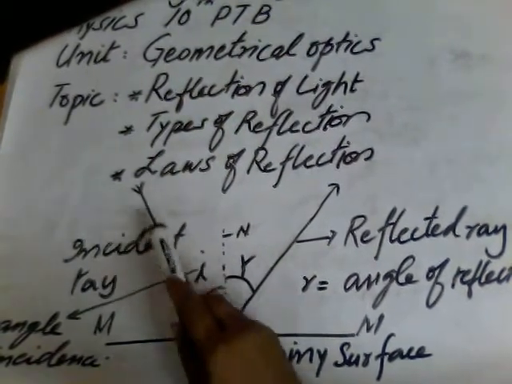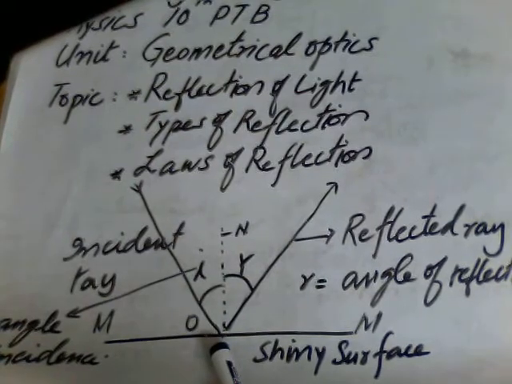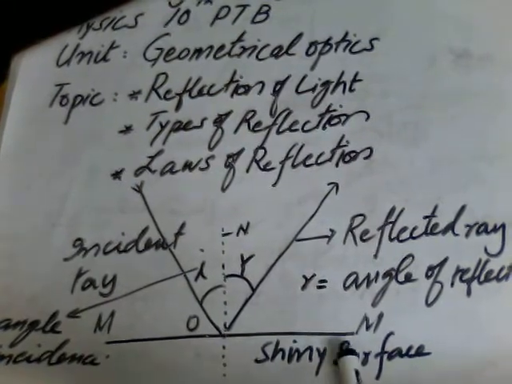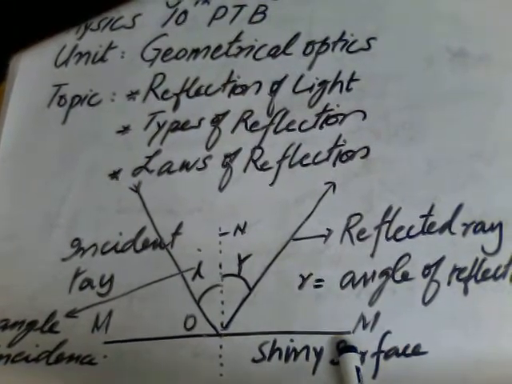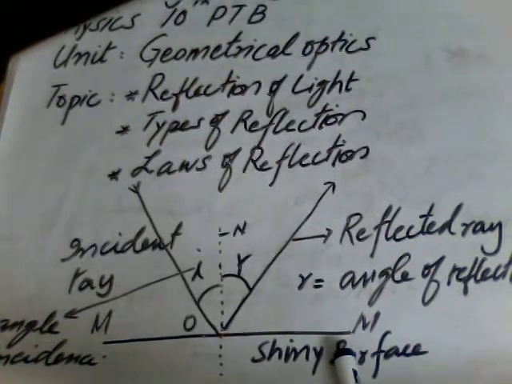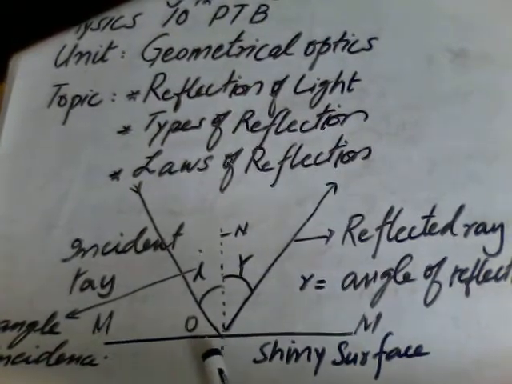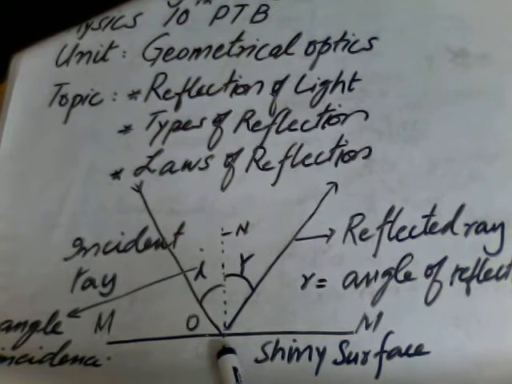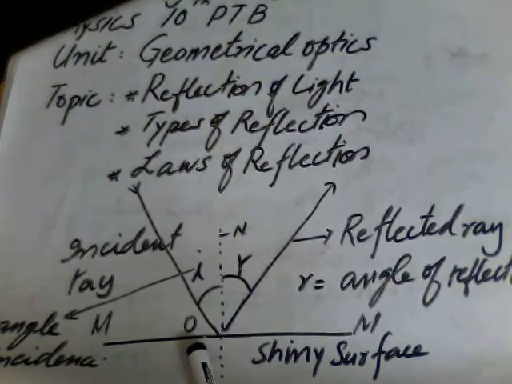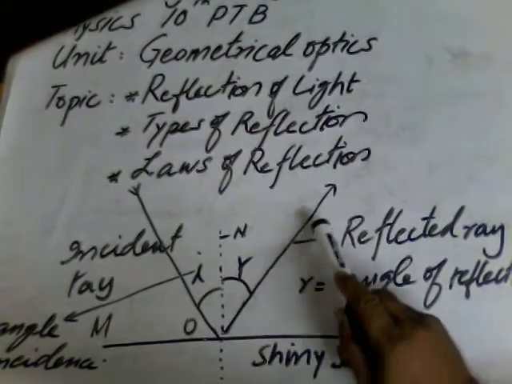It passes through the air and strikes a highly polished surface called MM. The ray of light strikes the mirror at point O, and then it reflects back into the air.